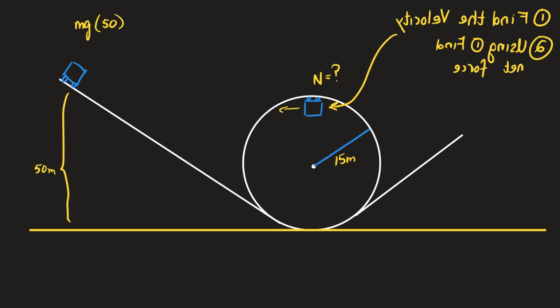All right, when we're at the top of the loop, what kind of energy does the car have? What is the height of the car when it's at the top of the loop? And we also have kinetic. How do I calculate kinetic energy? Are there anything but conservative forces acting on the car during its trip around the track?